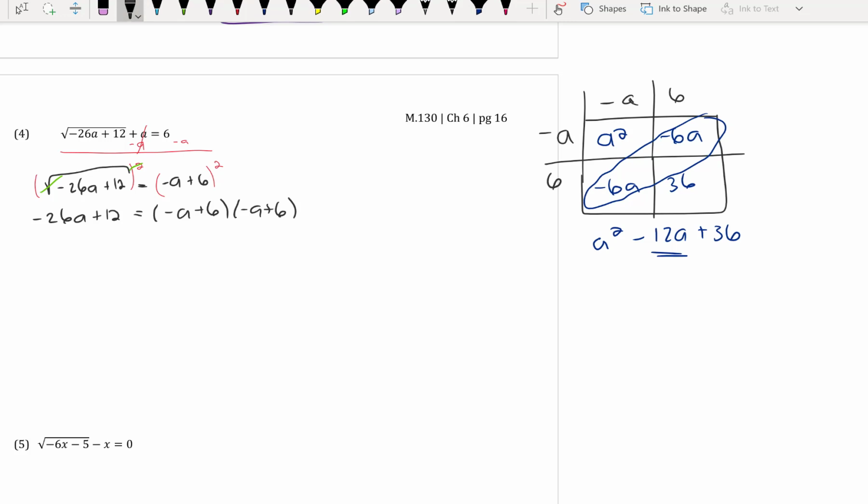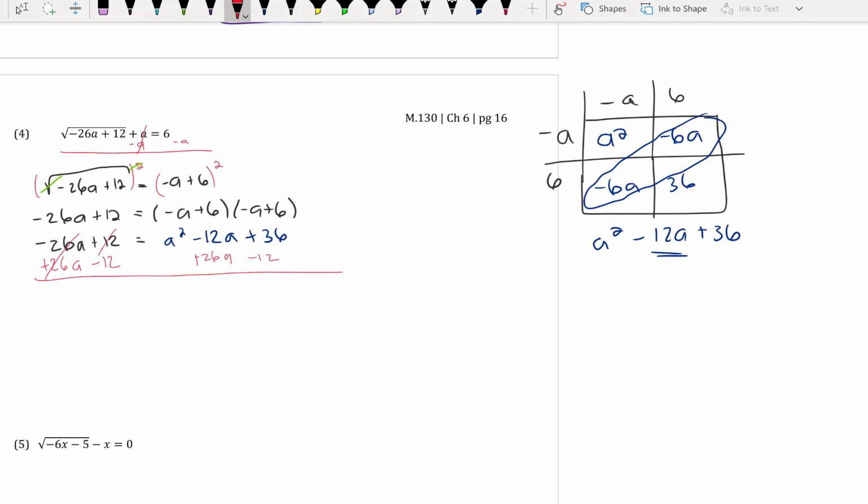So now I have my -26a plus 12. And remember, I had FOILed that out, and I had gotten a squared minus 12a plus 36. From here, I want to isolate, so plus 26a and minus 12.